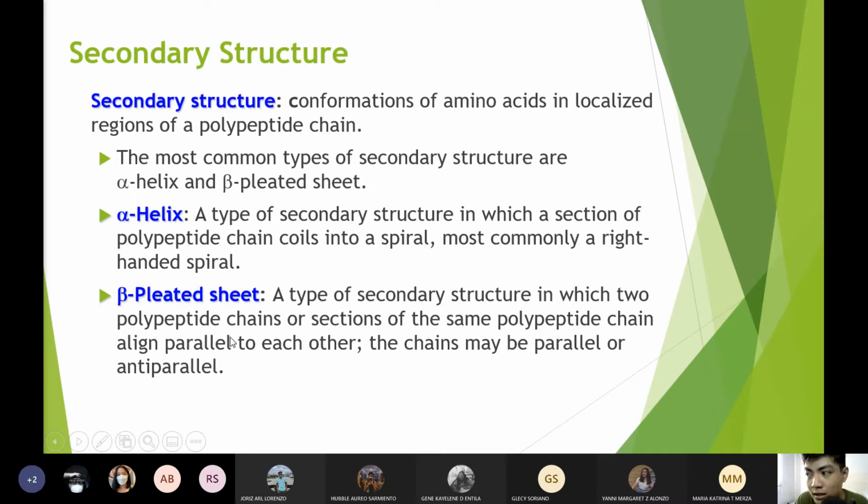We have the alpha helix and the beta pleated sheets. Okay, so kapag sinabing alpha helix, ito yung parang sa DNA. Okay? Nag-wind-wind siya. And kapag beta pleated, ito yung flat. Okay? So, mamaya, sabihin ko sa inyo paano nyo malalaman kung anong type ng secondary structure yung makikita nyo sa protein. Okay?